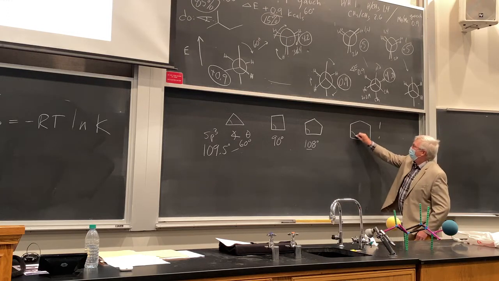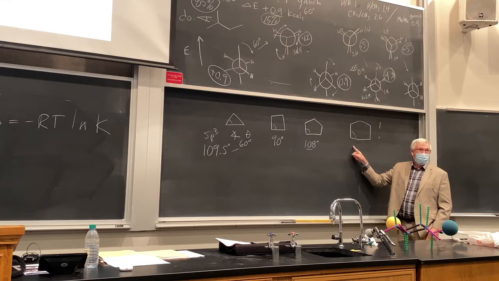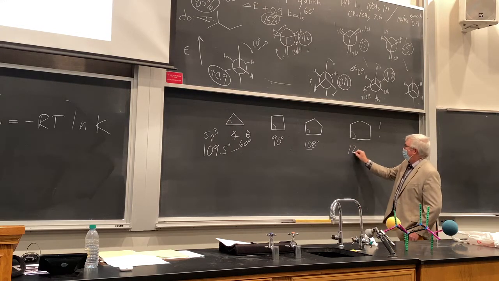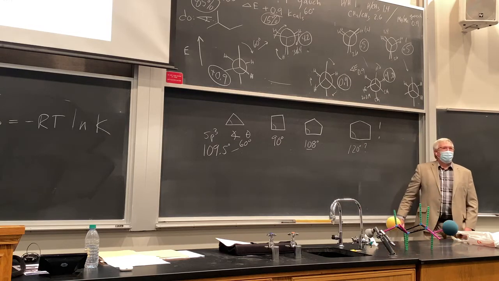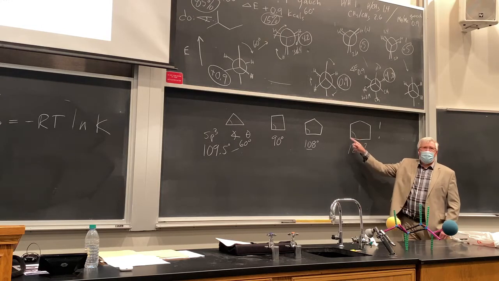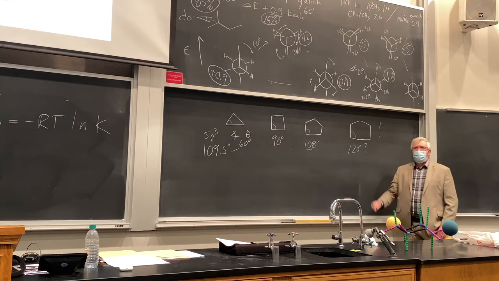And why is that? This internal angle, though, if it's flat, would be what? 120. So question mark. This bothered chemists early on. They knew 109.5 was the magic angle. That's where things were strain-free, tetrahedral carbon, whatever. And that's what we have here. There's 2 hydrogens or 2 other groups on there, right? But if you look at the flat polygon here for cyclohexane, that's 120.